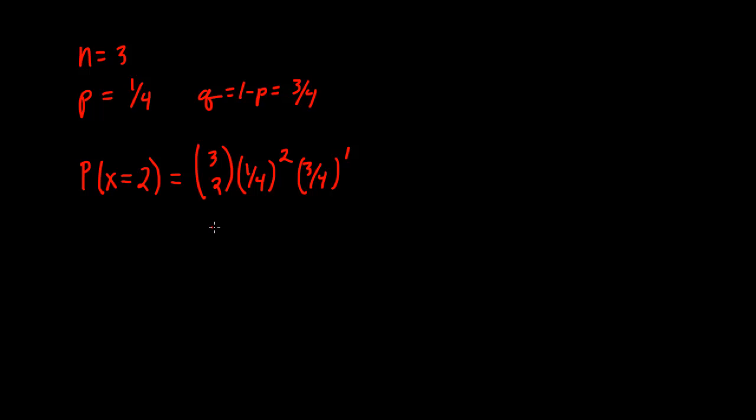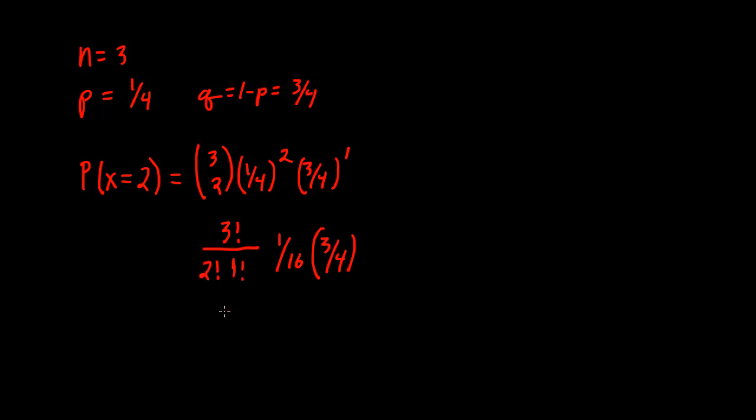So our 3 choose 2 is 3 factorial over 2 factorial times 3 minus 2, or 1 factorial, times 1/4 squared, which is just 1/16, times 3/4 to the first, which is 3/4. We fill in these values, we get 3 times 2 times 1, or 3 times 2 factorial, divided by 2 factorial.